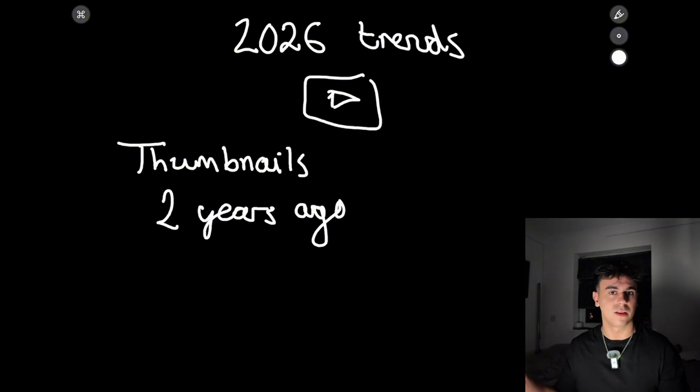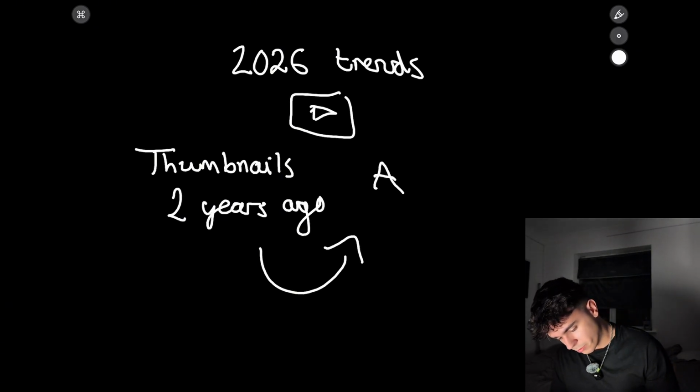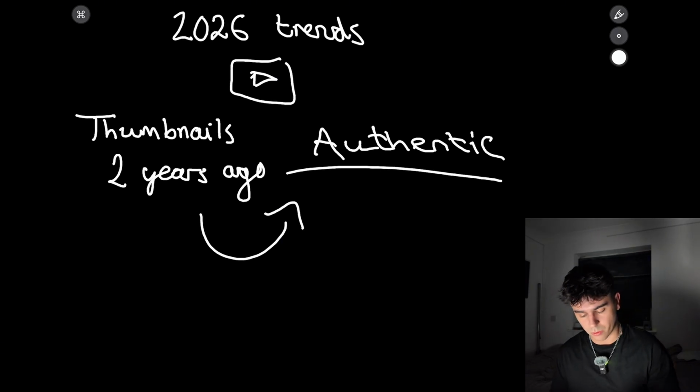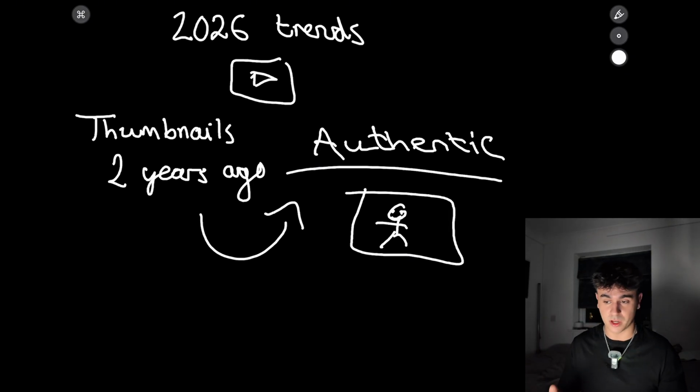People clicked on it. The click-through rate was extremely high. Now, that doesn't work. We are going through a phase in YouTube where creators need to be authentic. And while being authentic, they obviously need their titles and their thumbnails to be authentic too, which once again we'll speak about in the next section, which is CTR as well.